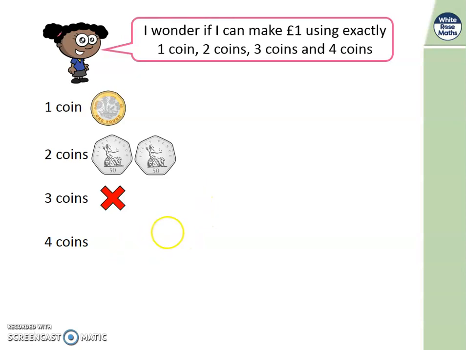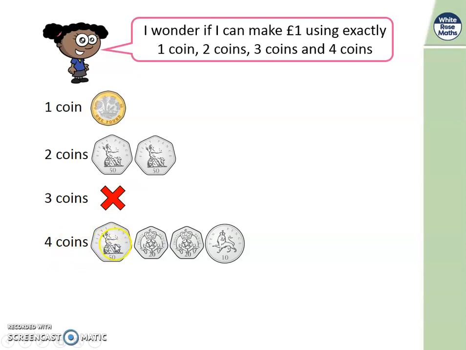What about 4 coins? Well done. 50 pence, add 20 is 70, add 20 is 90, and add 10 more makes £1 or 100 pence. Remember, 20 add 20 add 10 makes a 50.